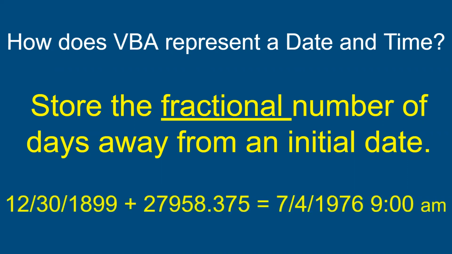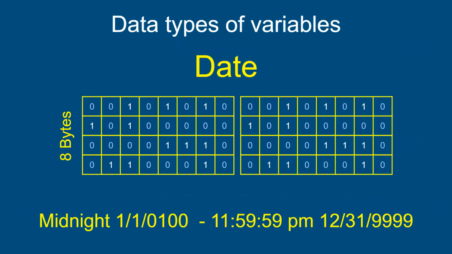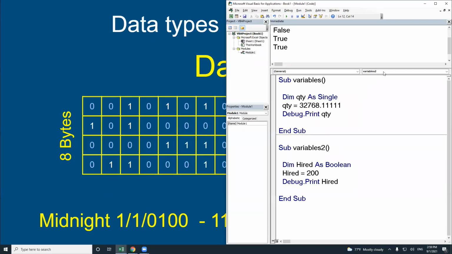So the whole portion of the number gets us to the day, and the fractional portion of the number gets us to the time. So 0.375 of a day is 9 o'clock a.m. So that's how we do dates. And there's a data type called date, and you could write numbers to it again. If you ask it back, it'll tell you the day that you're talking about.